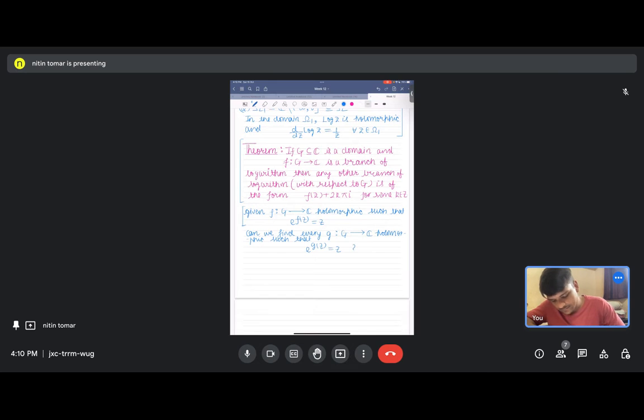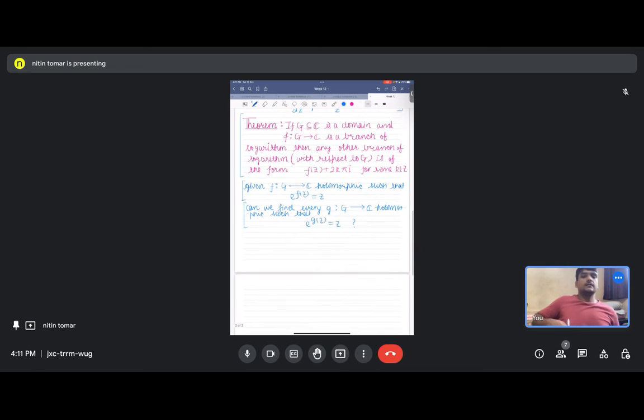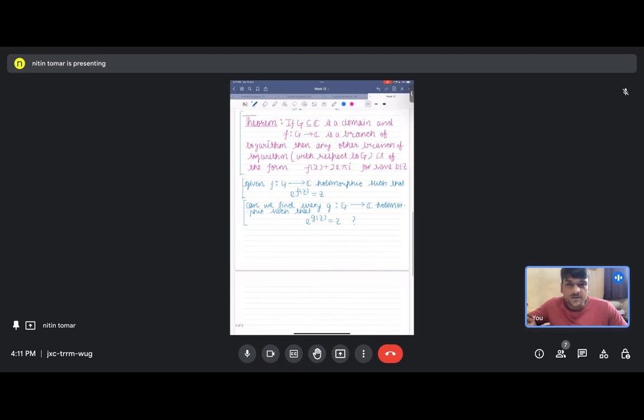Is the question clear? One such possibility is f z, because it is given e power f z is z for all z in G, correct?